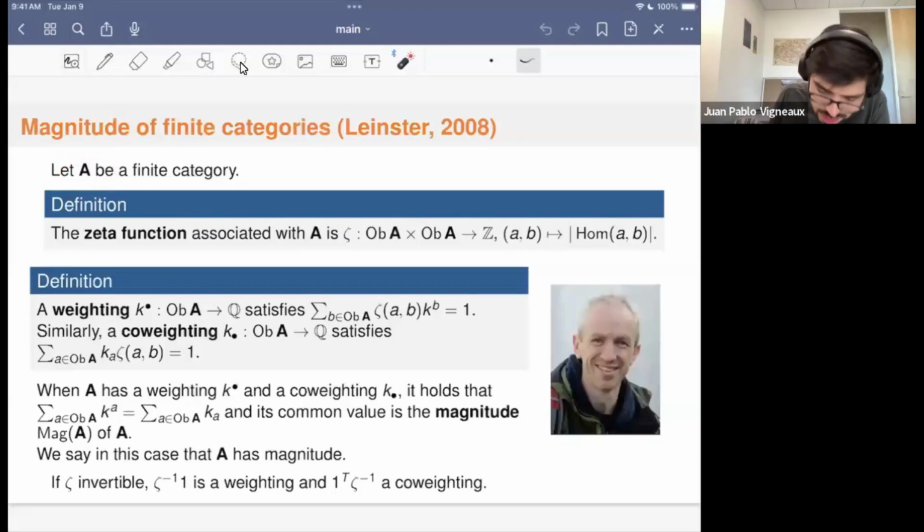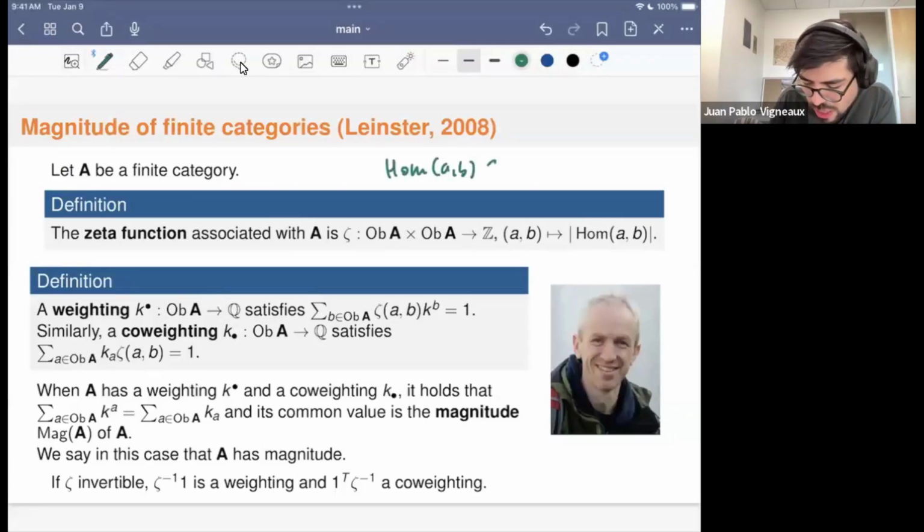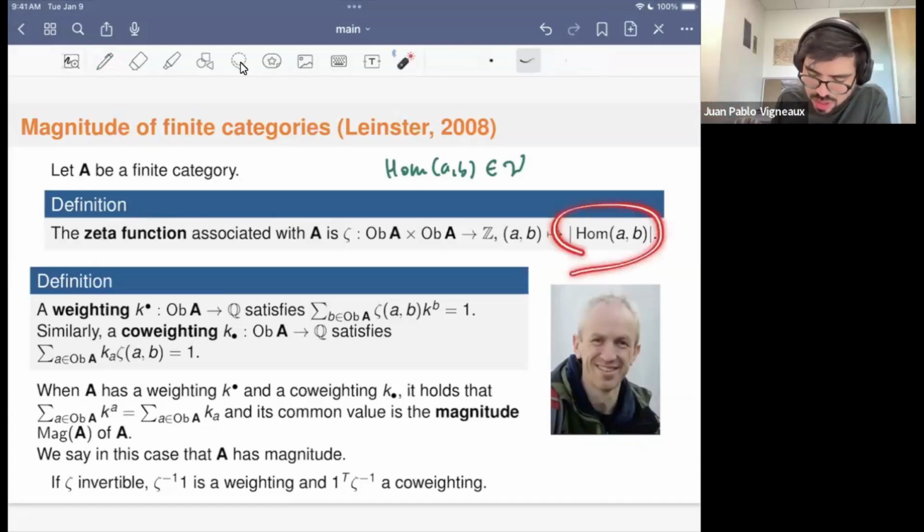So in that case, the hom of A, B for any A, B is going to be an element of some category that has a monoidal product, etc. And then this could be some other way of measuring the size of an object in B. So yeah, indeed, this can be generalized to enriched categories.